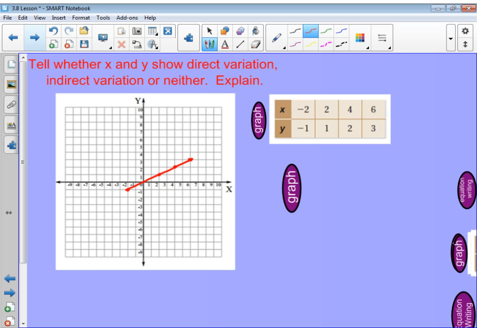Okay, so this time you ended up with a perfectly straight line that does cross through 0. So that would be a direct variation that we worked with back in section 2.